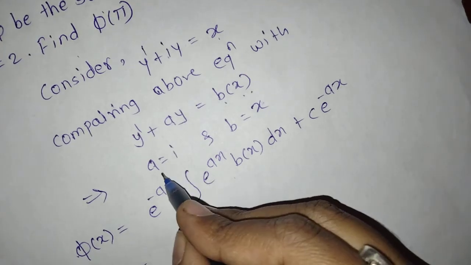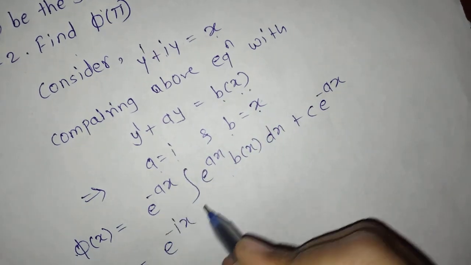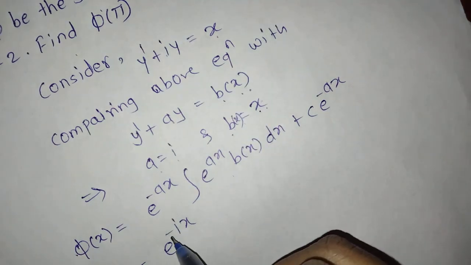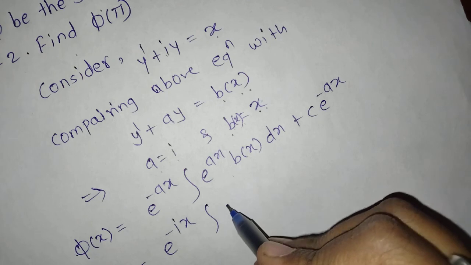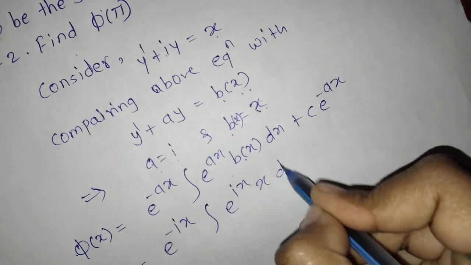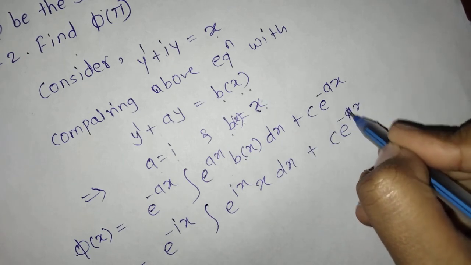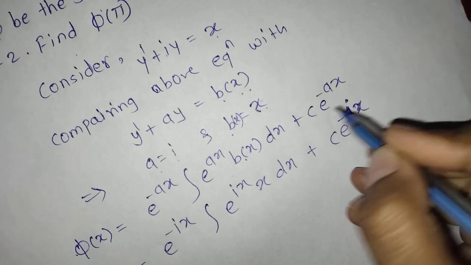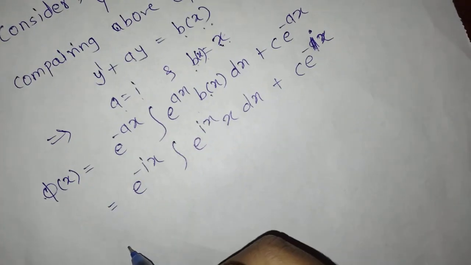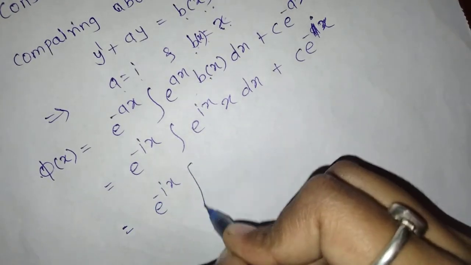Here a is i and b of x is equal to x, so phi of x is e raised to minus ix into integration e raised to ix x dx plus c into e raised to minus ix.